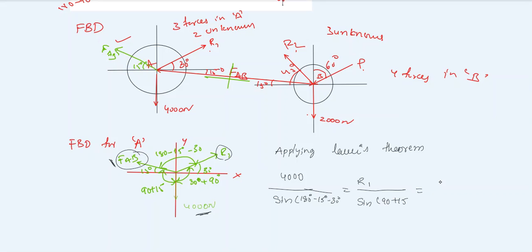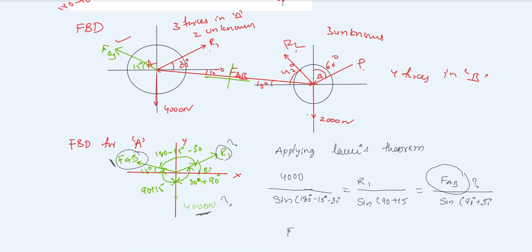Similarly, FAB divided by sine of the angle between the other two forces, R1 and 4000, which is 90 plus 30. In this equation I want only FAB, because if you know FAB, body B will be reduced to two unknowns.